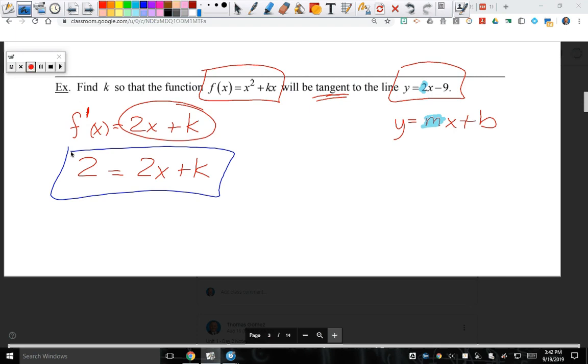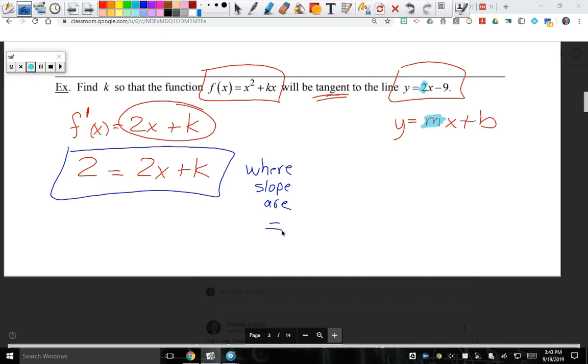So like, check this out. Ready? k equals 2 minus 2x. You're there. Check it out. This equation is where the slopes are equal. Do you agree?